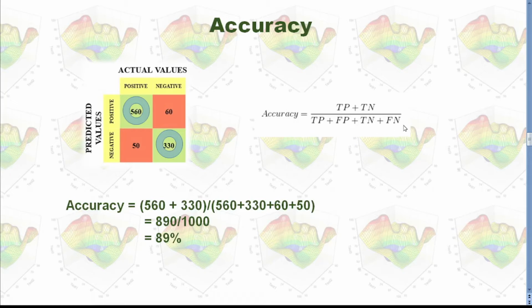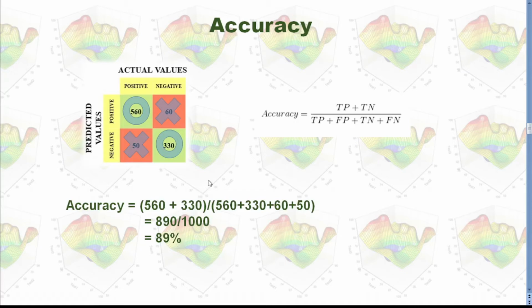And in the denominator, we will consider all the cases, including the wrong answers. So in this example, we will have accuracy 890 divided by 1000. So it is 89%. So this is a pretty good accuracy. So the measurement accuracy can be used to evaluate our model.